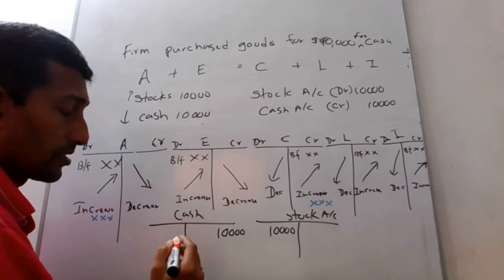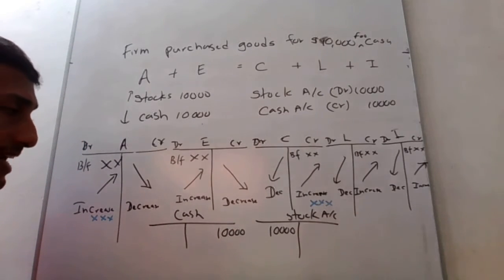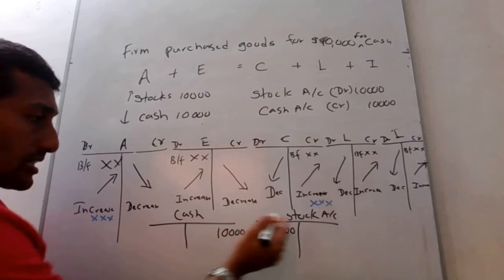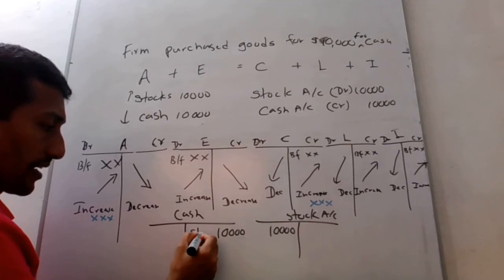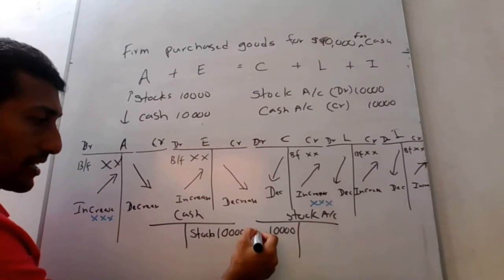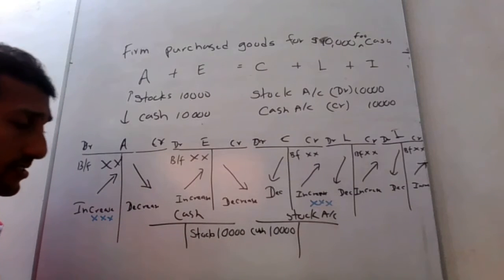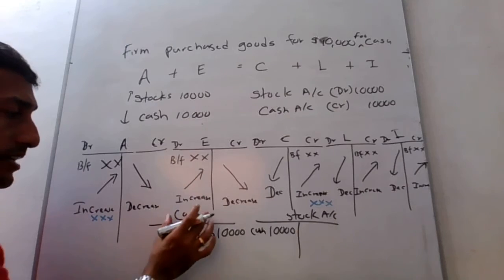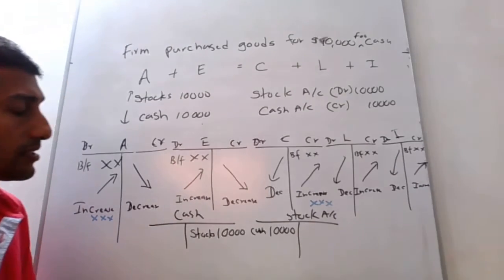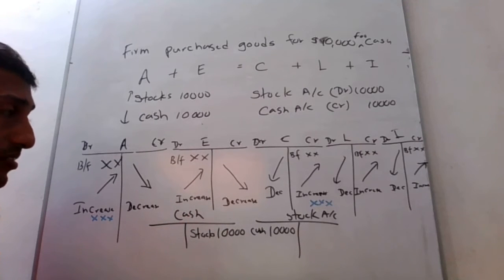But the most important thing is you need to write the cross reference name. The corresponding name for the cash account is stocks. So you write here stocks, and for the stock account it's going to be cash. Then when you're reading the transactions, it's clear that in the cash account, stocks means you have purchased stocks of 10,000. And if you have the dates, you should write the date also in front.